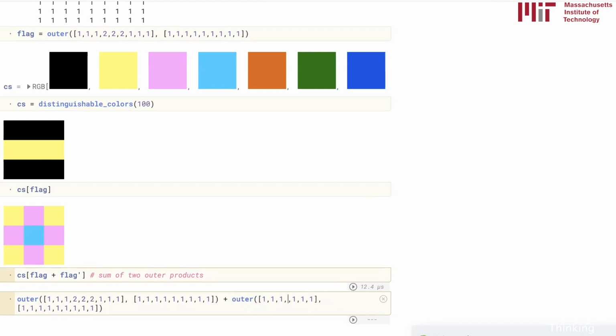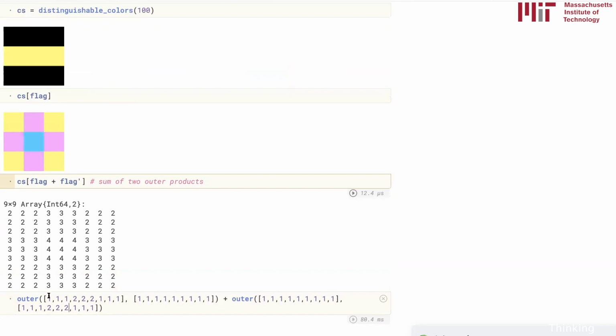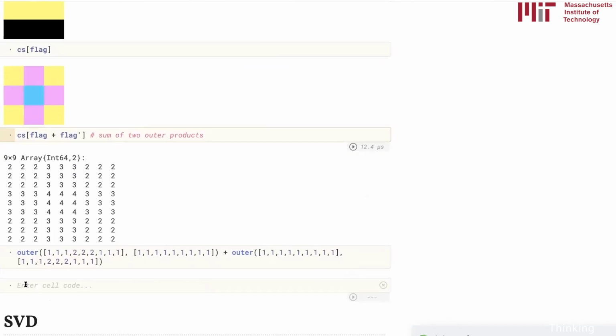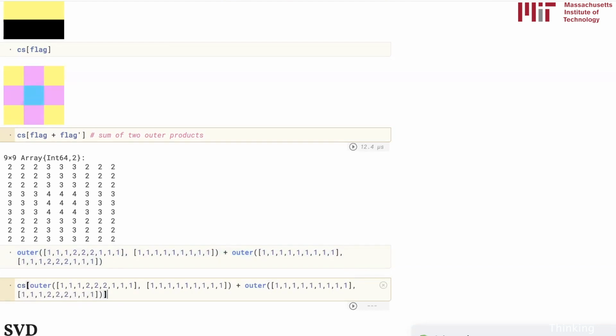So here's the actual matrix, and of course, if I take CS of this by indexing into my colors, I get this picture.